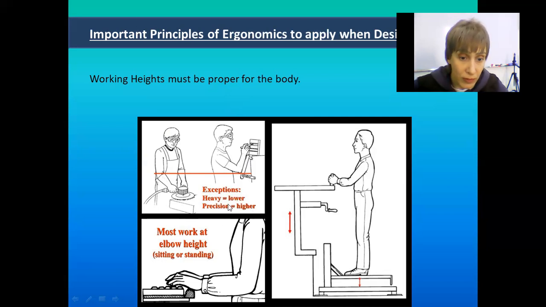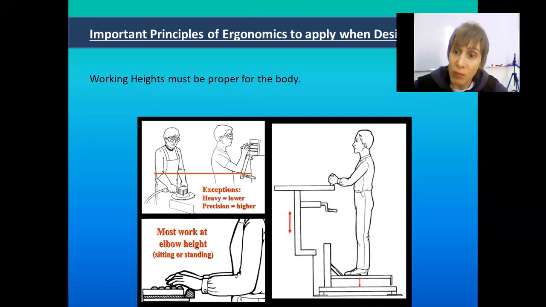This is very important. Now here, if you have something heavy, it is better to have the table low. If you need to do something with high precision, like for example drawing, it's better to have it higher, closer to your face, not low, so you don't bend your back and try to draw accurately.